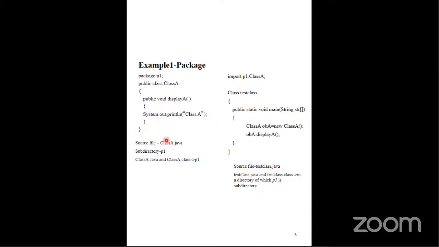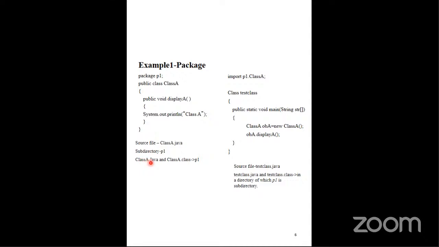This file is called classA.java. Where am I supposed to store this classA.java file? I will be creating one subdirectory called P1. Why P1? Because my package name is P1. As I said, the subdirectory's name has to be the same as the package name. So in subdirectory P1, I will be storing the classA.java file.